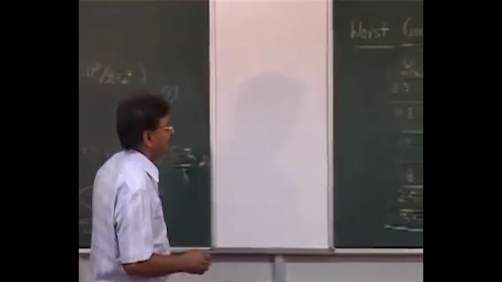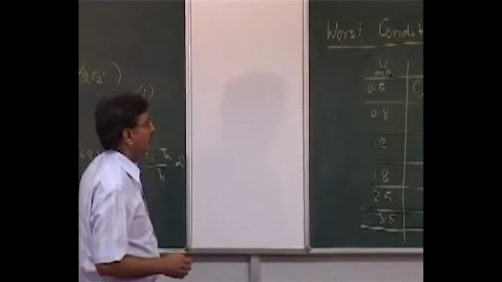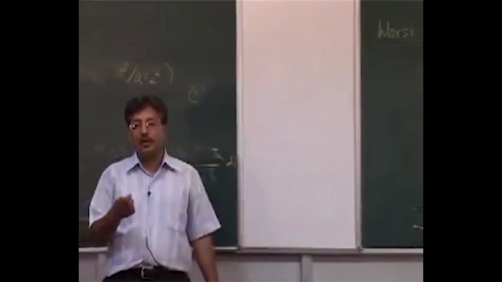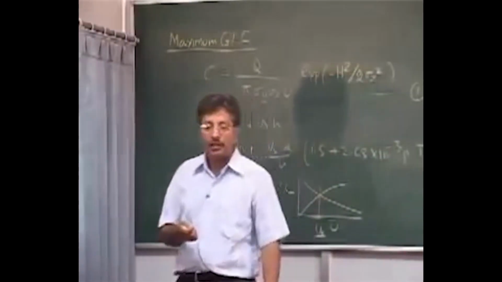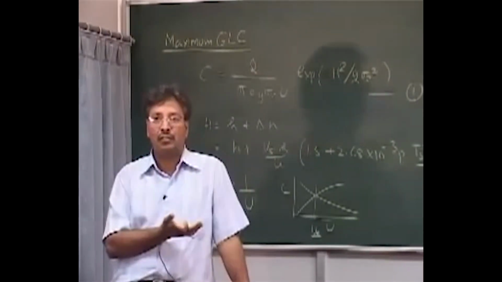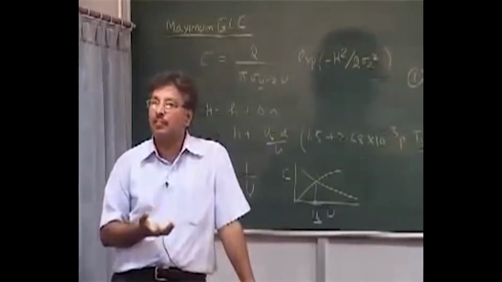Now I want to find out the worst condition. So the idea is picking up the maximum out of the maximum, right? Picking up the maximum out of these maxima.